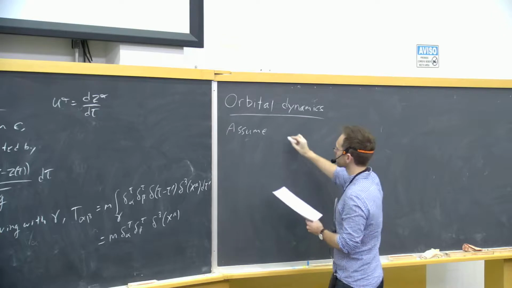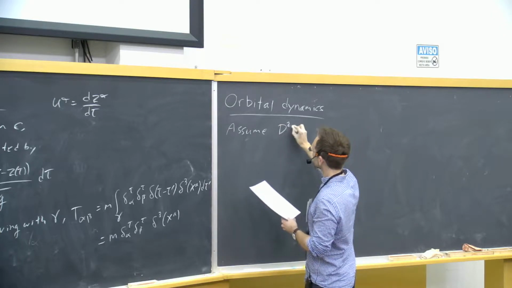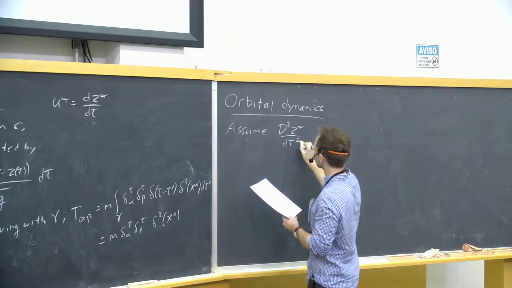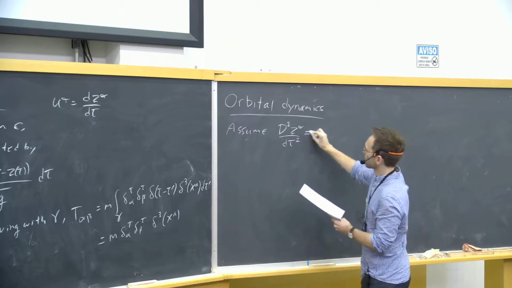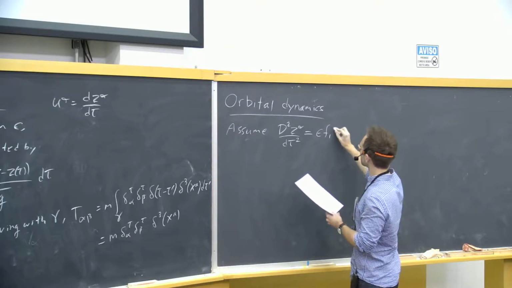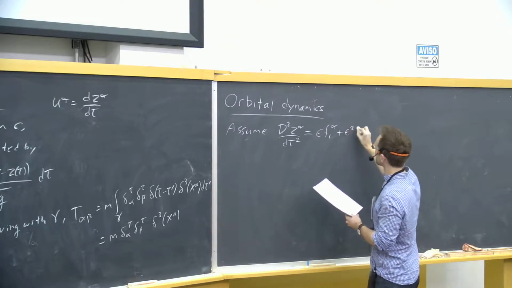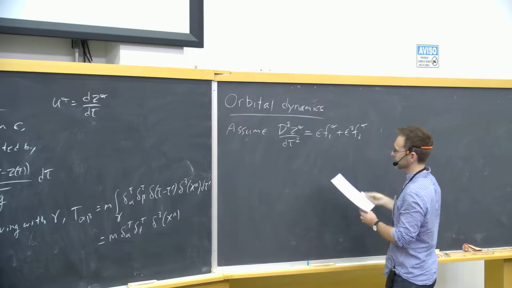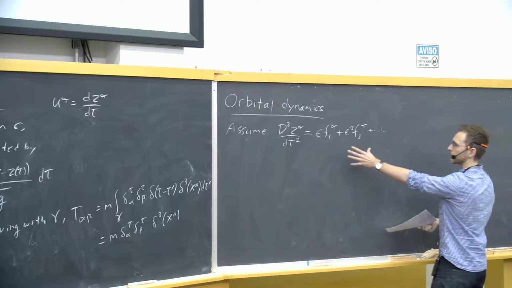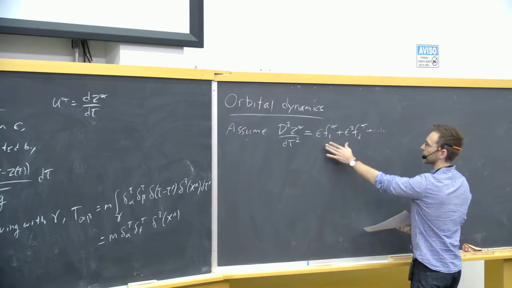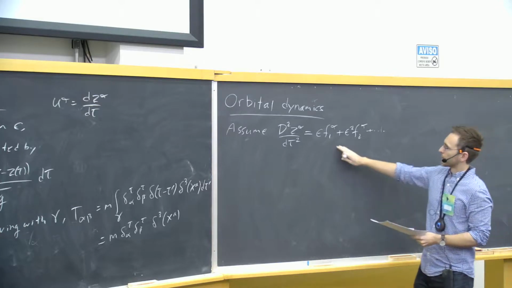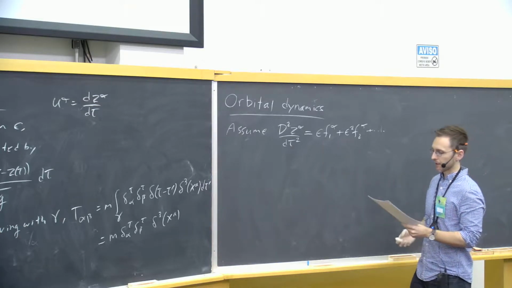For the moment, just assume that the orbit satisfies an equation of the form I've written down previously. The covariant acceleration is epsilon f1 plus epsilon squared f2. For the moment, don't worry about what these are. I will get into that in detail later. We just have some self-forces on the right-hand side for now.